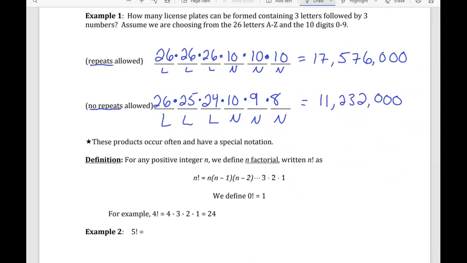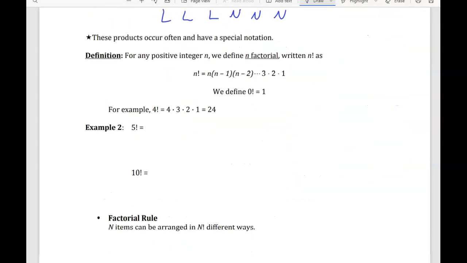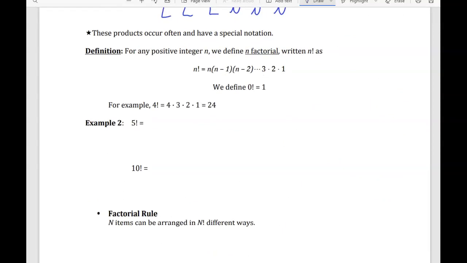Now let's continue with this. We do use a special type of notation, especially when we're talking about not repeating and everything. That's going to be a factorial when we're selecting everything from a certain number of ways.